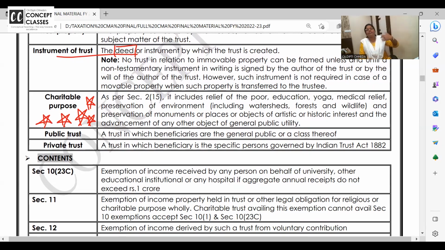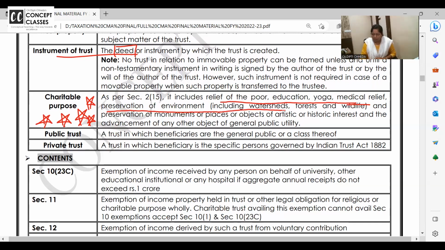The trust should be formed for a charitable purpose. Religious purpose, so we are very clear now. Temples and all. Charitable purpose could be relief of the poor, that you are collecting money from people and doing some midday meal program or education for some poor children. Education, yoga, medical relief, preservation of the environment.